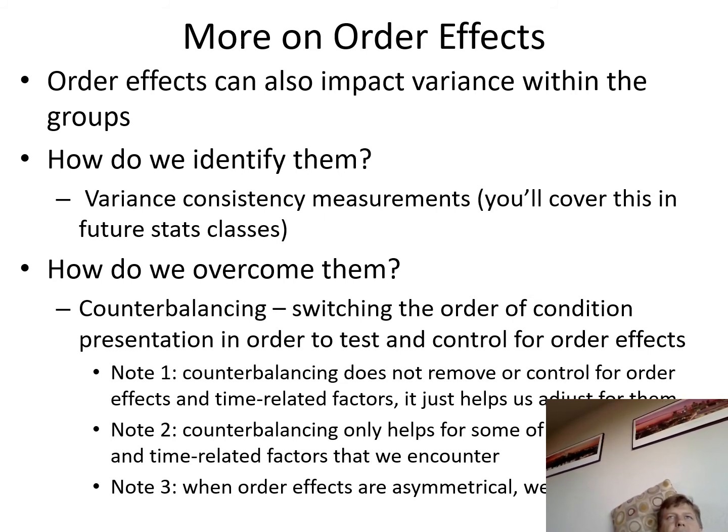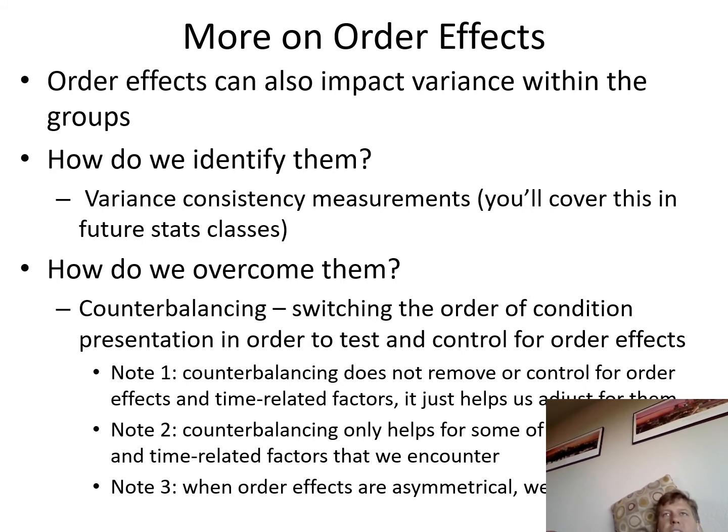Counterbalancing is a very robust technique that's used by psychologists who have large samples and enough data to actually be able to adjust their scores on, say, a second performance or first performance after they've learned what types of effects have taken place with respect to these carryover effects.